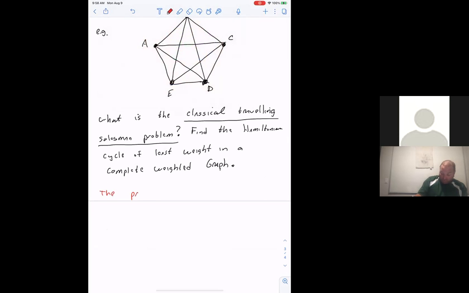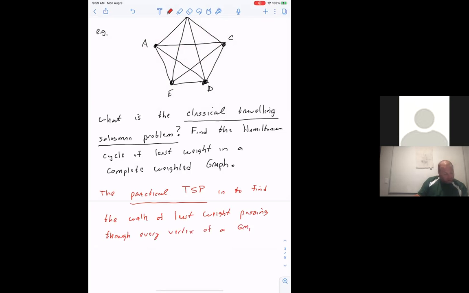The practical traveling salesman problem, the practical TSP, is to find the walk of least weight passing through every vertex of a graph, starting and finishing at the same vertex.